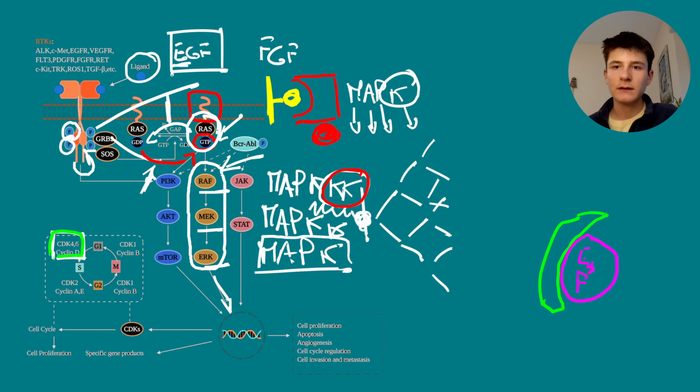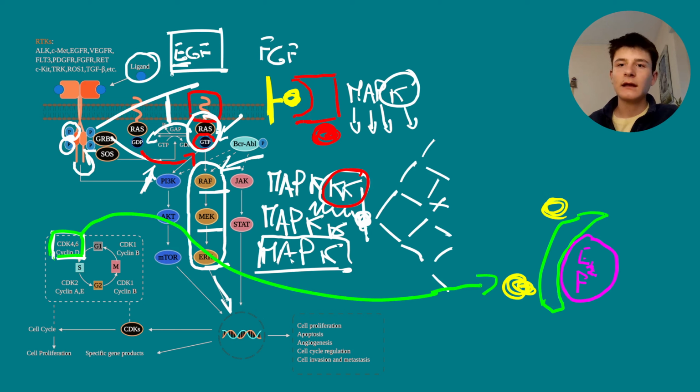So once cyclin D-CDK4/6 complex are present inside the cell, they phosphorylate pRB, and pRB releases E2F. E2F now can go and promote synthesis of DNA, and so we can enter the S phase. So this is one of the mechanisms by which this pathway can promote cell division and multiplication and growth.